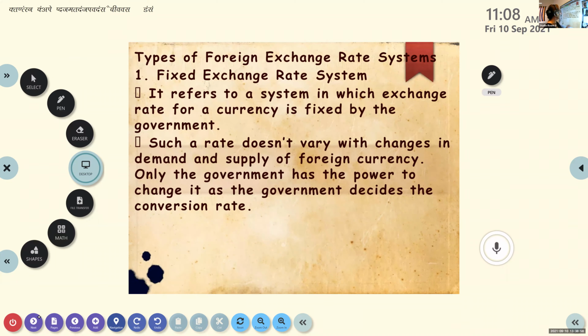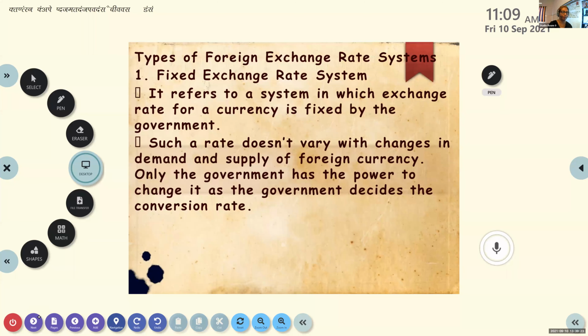Now, there is a difference between these two. Fixed exchange rate is fixed by the government. It is fixed all the time, or we can change the rate according to the wish of the government. It will not be changed frequently. It will be fixed for months, sometimes for years.